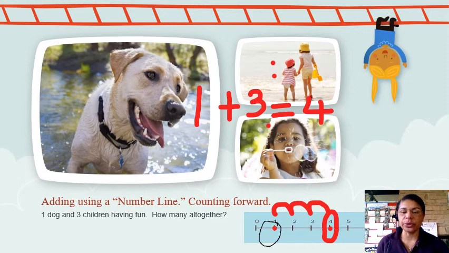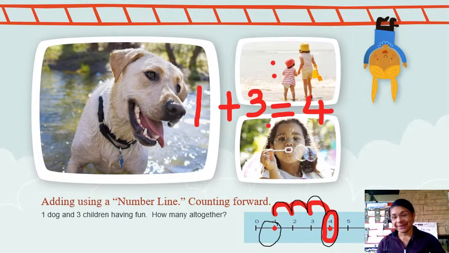So I started with 1 and I went 1, 2, 3. And I landed on number 4. So now I know the answer is 4. So I solved it by writing the number sentence and turning it into this completed equation. 1 add 3 is the same as 4.